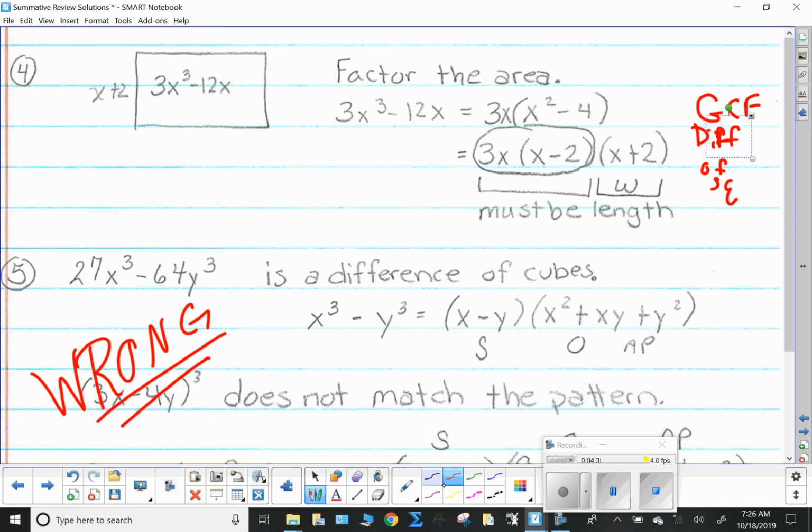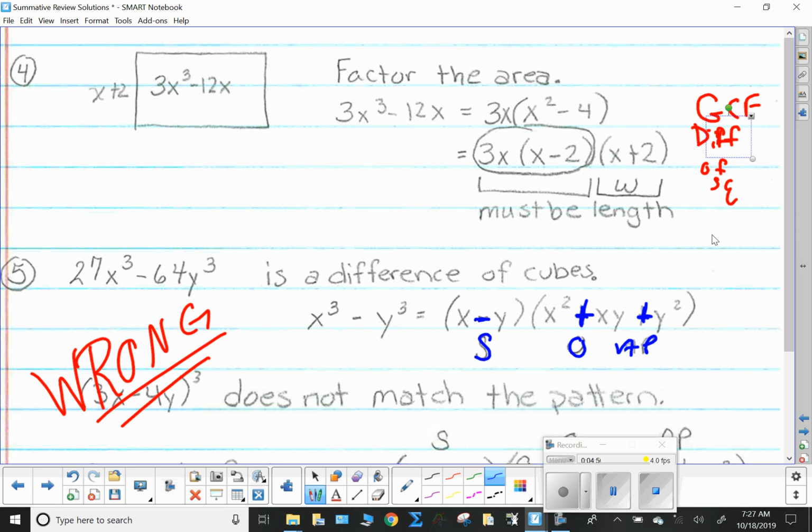Remember that you have to use SOAP. You need the same, opposite, always positive. So since this is subtraction, you would need addition. And then always addition. Additionally, you have a binomial followed by a trinomial.